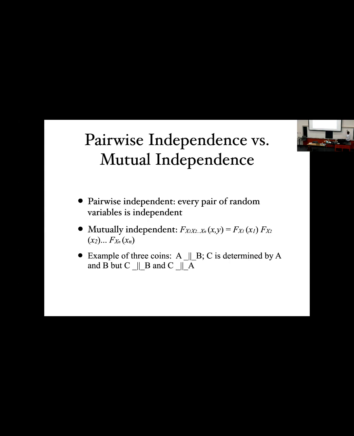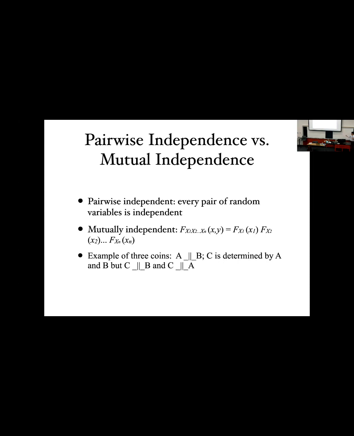Suppose C is 0 or 1, binary. C is 1 if A is different from B, and 0 if A is the same as B. So all variables are binary, A and B are independent, and C is produced this way. Clearly, the three variables are not mutually independent. Is that right?